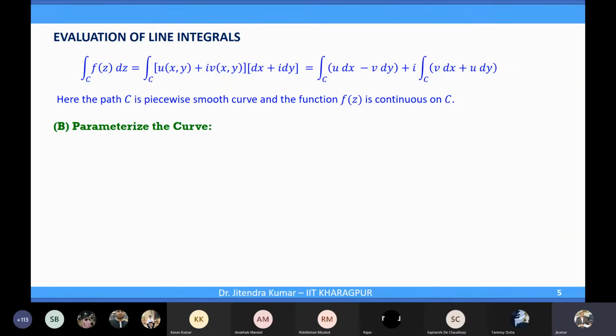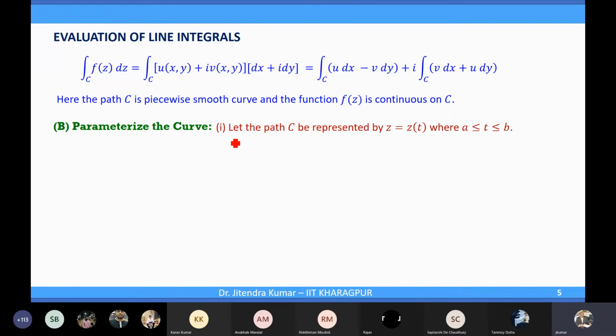Now the second technique is to parameterize the curve, which is more common and more useful, because your curve may be given like a circle or some sort of curve where the parametric form is given or can be written easily. Once you have the parametric form of the curve, the line integral becomes even easier.